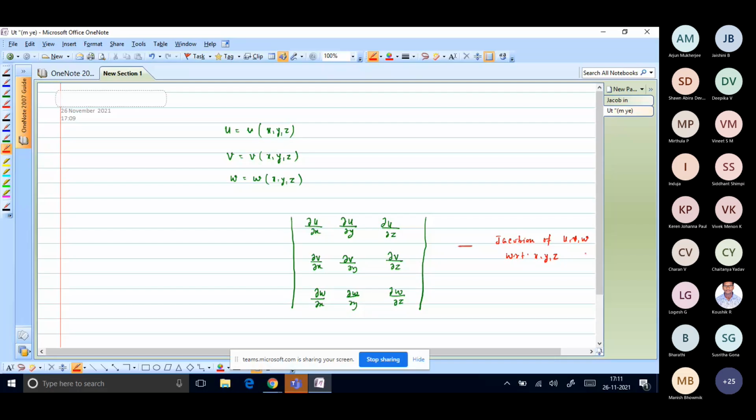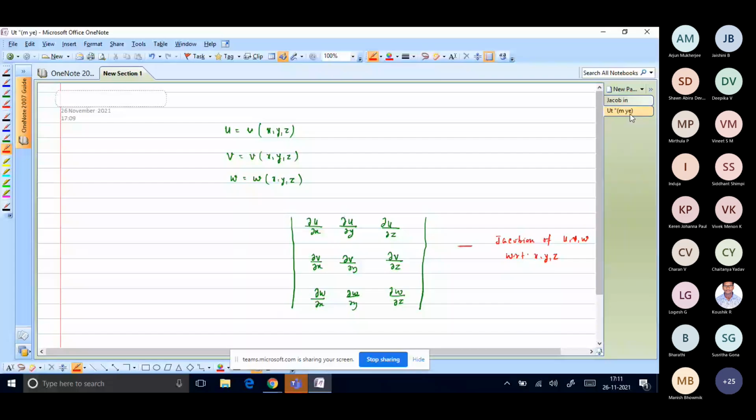Now, with Jacobians, there are three important properties, and we will go one by one through all three.